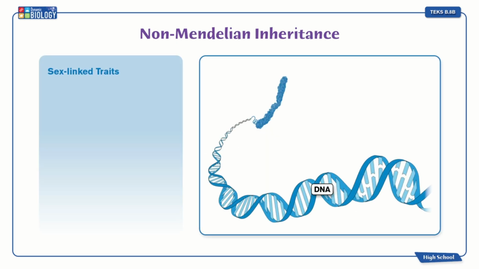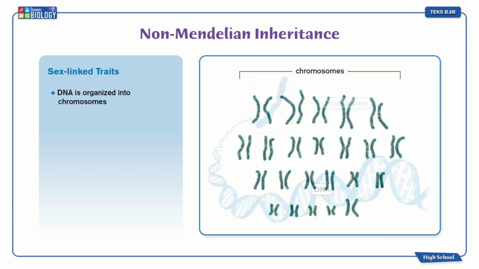And lastly, a fifth example of non-Mendelian inheritance is known as sex-linked traits. To understand sex-linked traits, let's take a moment to remember that DNA is organized into structures called chromosomes. For example, human DNA is organized into 46 chromosomes, 23 from the mother and 23 from the father.